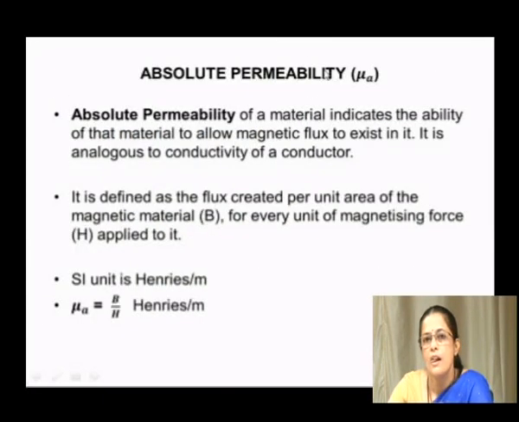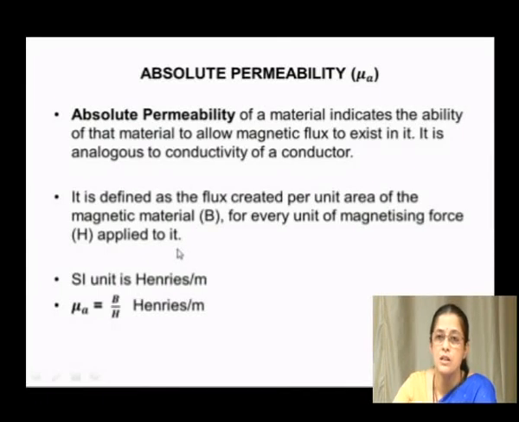So, in the definition, what are we telling? It is defined as flux created per unit area of the magnetic field. Flux per unit area is nothing but flux density represented as B, for every unit of magnetizing force applied to it.